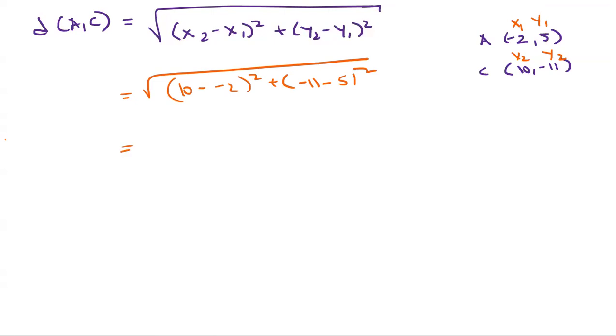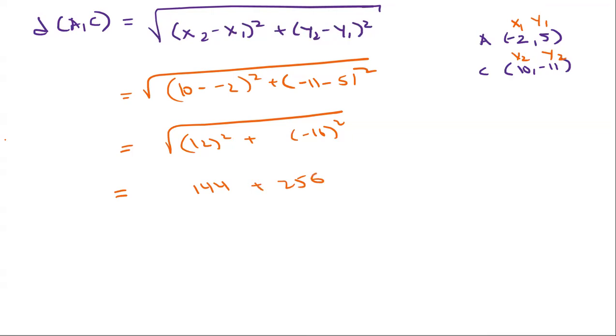Two negatives make a positive, so it gives us 12 squared and -16 squared, all under the radical. 12 squared is 144, and -16 squared is 256.